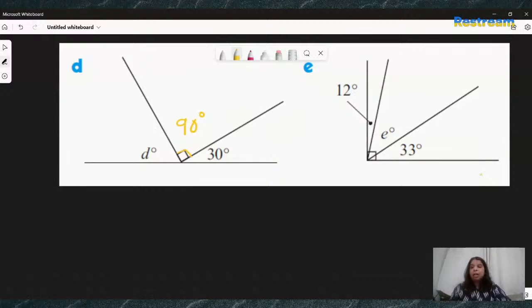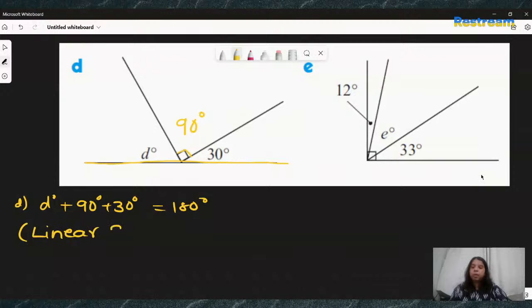So now again this angle is on a straight line. For question D, angle D plus 90 degrees plus 30 degrees is equal to 180 degrees. Why? Because they are linear supplementary. How do we know?